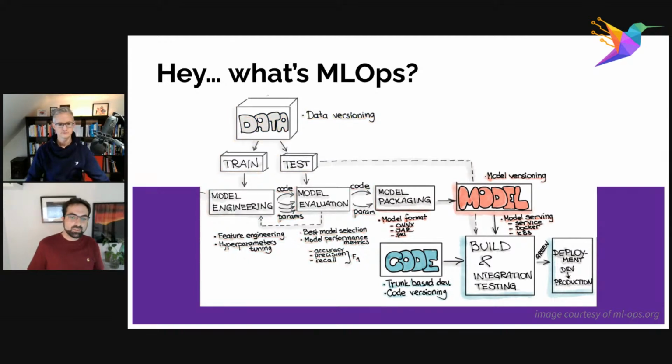Now, in the remainder of this talk, we are going to be focusing on this part at the bottom right of the screen, and specifically, I'm going to talk about how we used NVIDIA Triton and AWS Sagemaker to achieve production-grade scalability.